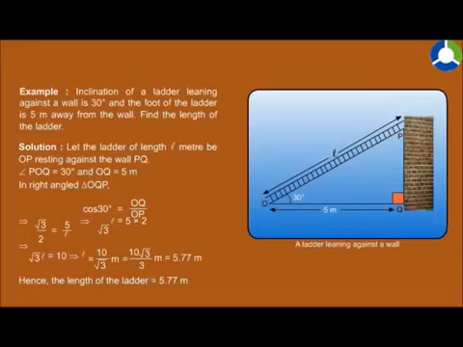In right angle triangle OQP, cos 30 degree is equal to OQ upon OP, implies that root 3 upon 2 is equal to 5 upon L, implies that root 3 L is equal to 5 into 2, implies that root 3 L is equal to 10, implies that L is equal to 10 upon root 3 meter, which is equal to 10 root 3 upon 3 meter, which is equal to 5.77 meter.